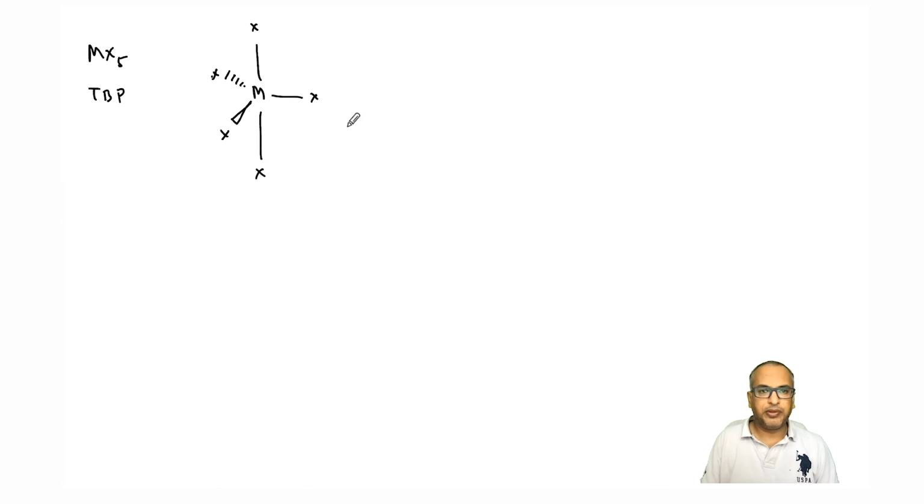So you have MX5 trigonal bipyramidal, and the distortion now will be different. So again, this is D3H, and the distortion is elongating one of the equatorial bonds.